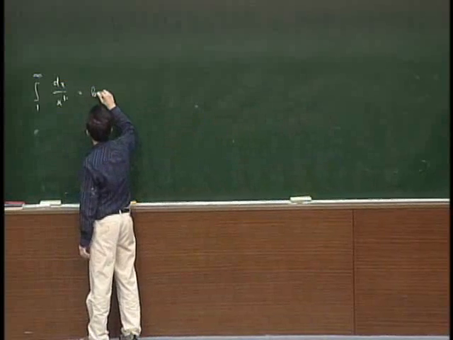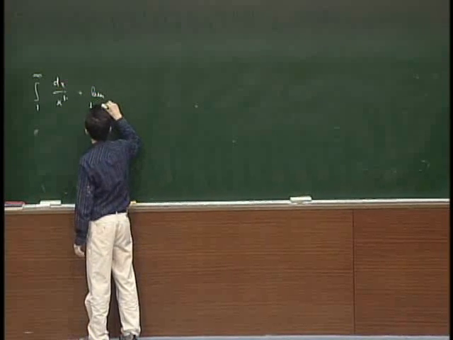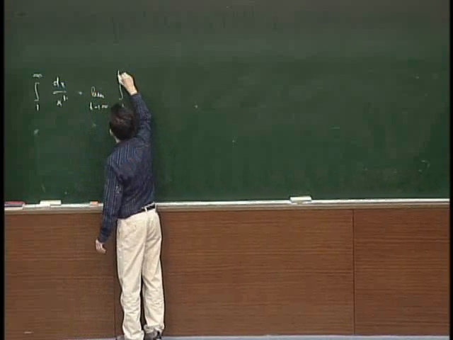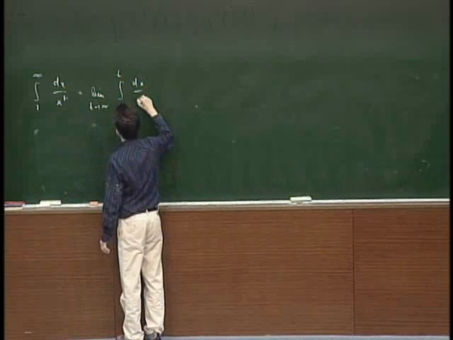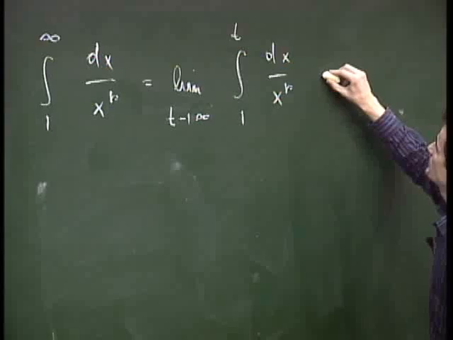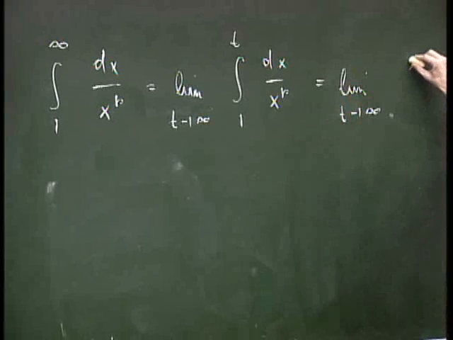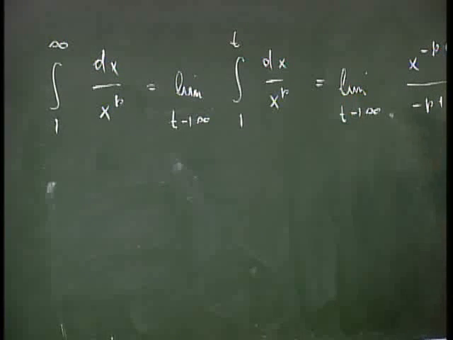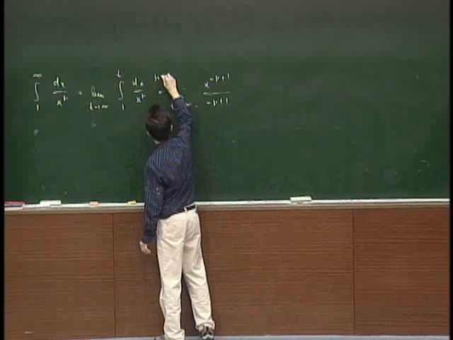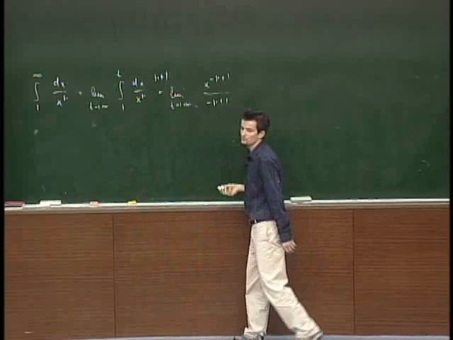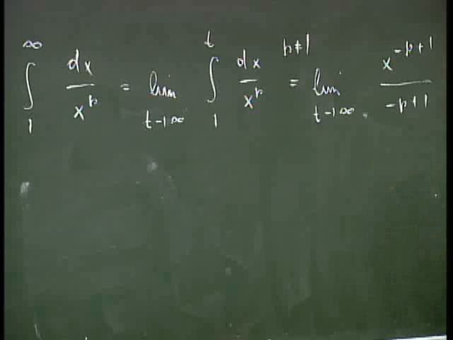By definition, this is the limit as t tends to infinity of the integral from 1 to t of dx over x to the p. This integral is easy to compute: x to the minus p plus 1 over minus p plus 1. This is the case where p is not equal to 1, since p equal to 1 we have already discussed, evaluated at 1 and t.